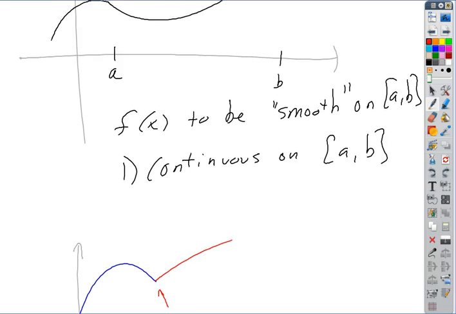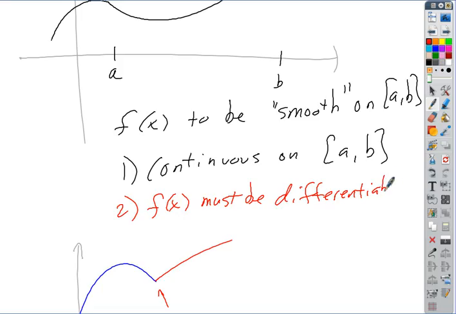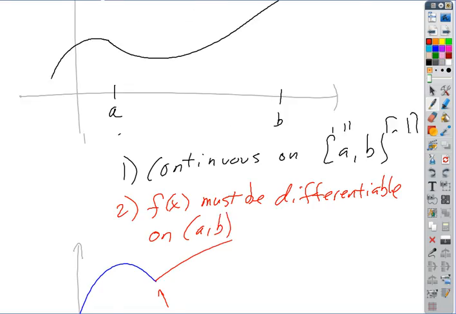It's got to be continuous, and f of x must be differentiable on, now, we don't care about the endpoints. We just care about the points in between. So it's going to be the open interval from A to B. We don't care if at the endpoint it did this.